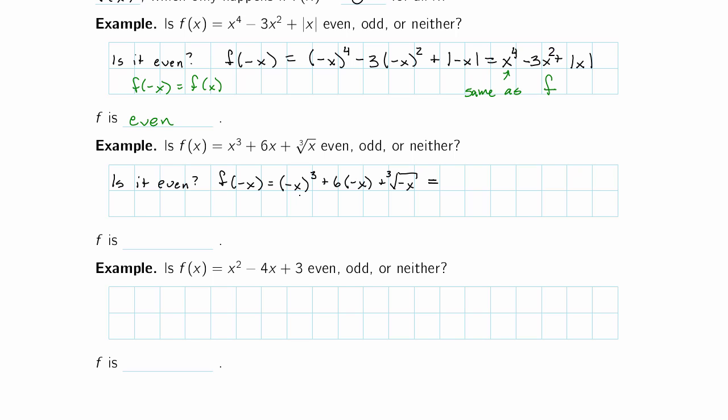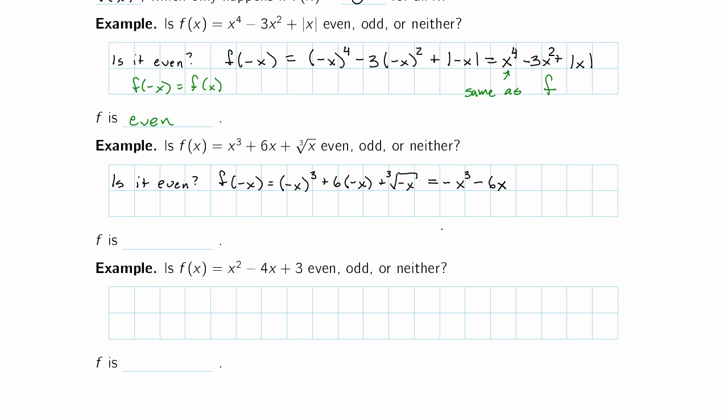Well, negative x to the third, when we take an odd power of something negative, that's the opposite of if we'd had the positive version. So this is negative x to the third. 6 times negative x, we can multiply the negative 1 times the 6, so that's just negative 6x.